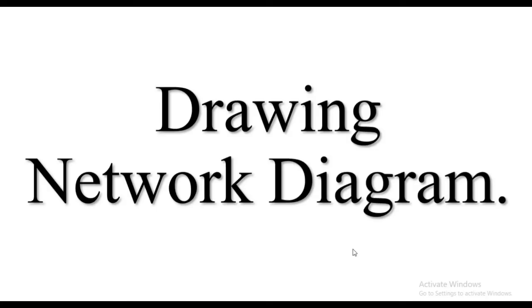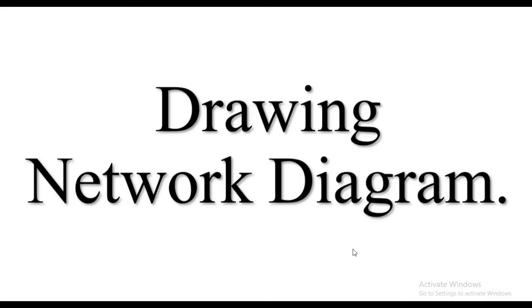Now let us start with drawing the network diagram and learning how to draw them. In this particular video, we're going to take up two examples, whereby we'll be drawing network diagrams based on those two questions.